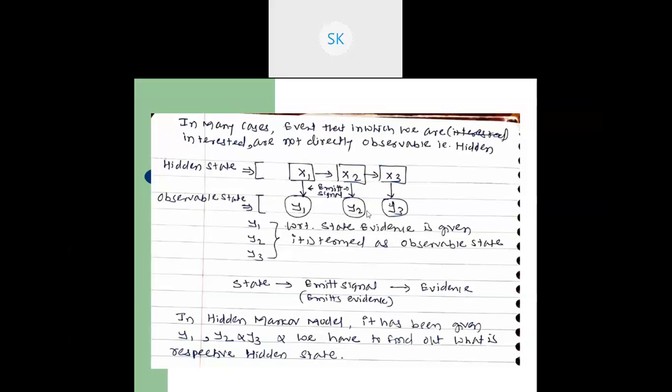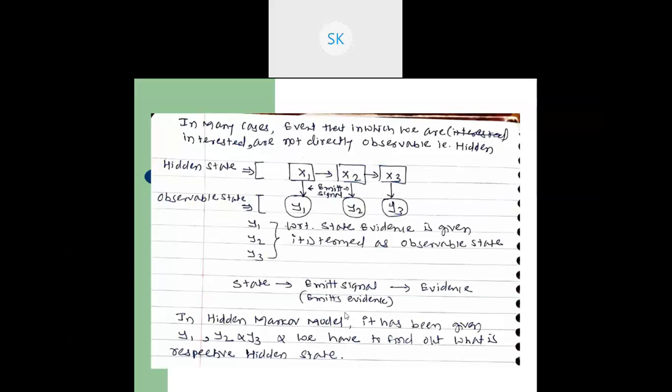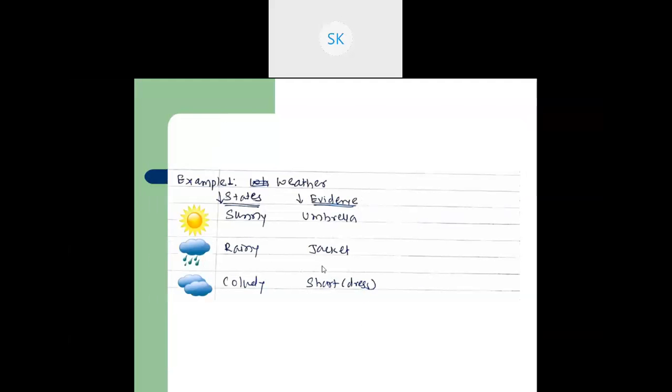In questions, this data y1, y2, and y3 is given, and the question is to find the hidden states. This is the observation; then what will be its state? That is the hidden state. These states are not visible to the users. We only have access to the observations, and from the observations we need to find the hidden state. So this is the Markov model, and hidden states are the underlying states with respect to the observation.